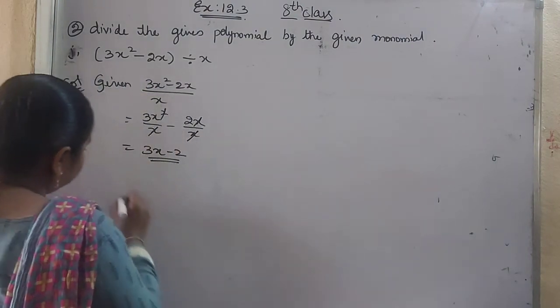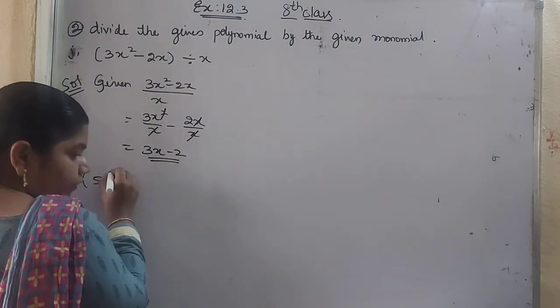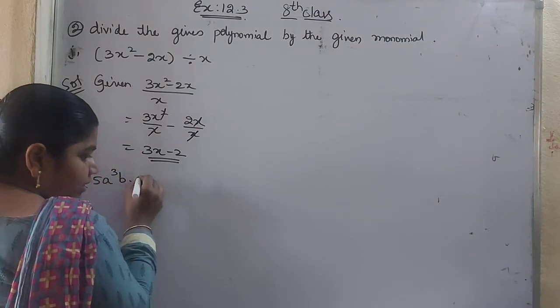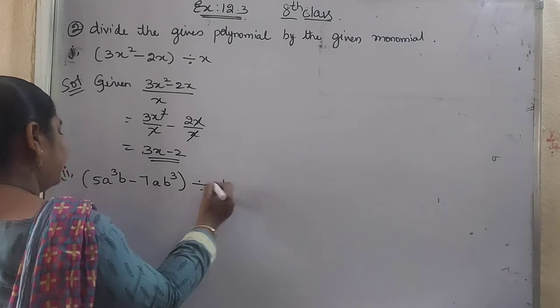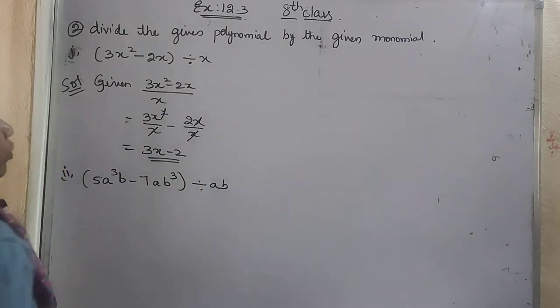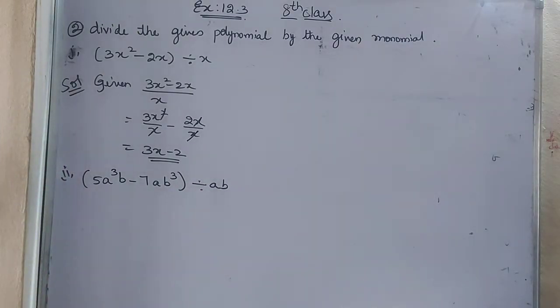Second one is 5a cube b minus 7ab cube divided by ab. So this is a polynomial, this is a monomial. So we have to divide the given polynomial by the given monomial. So we have to divide now.